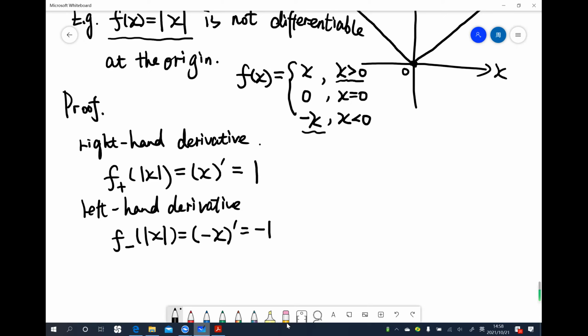Can you understand minus 1 here? Yes. So you can see, the right-hand derivative does not equal the left-hand derivative.